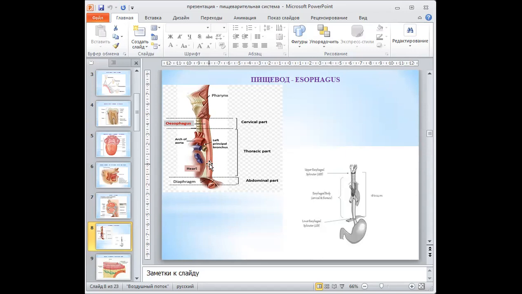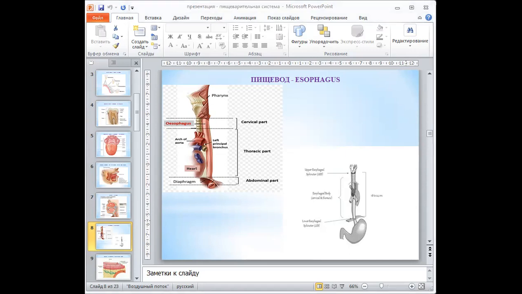It is divided into 3 parts: cervical, thoracic, and abdominal. The esophagus has 5 narrowings: pharyngeal, diaphragmatic, bronchial, aortic, and gastric.